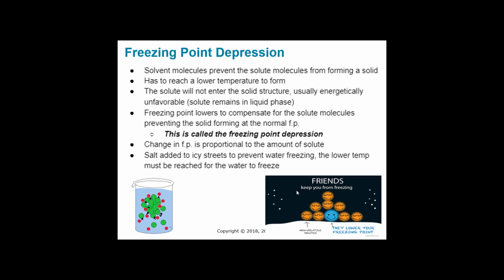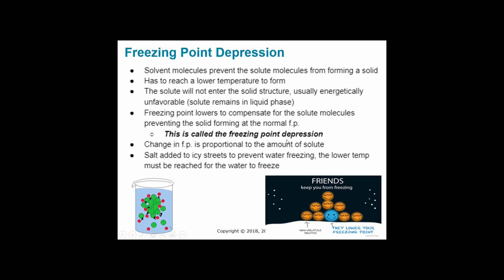And what this will do, or freezing, is that the particles, if you see in this picture, these yellow ones are all the non-volatile solutes, and they completely surround the water molecules, preventing the water molecules from coming together. Now the temperature has to go so much lower, and then once it gets to a certain temperature, the solute molecules are not strong enough to keep the water molecules apart. Then this will come together as a solid, or it will boil. So it will block the way of the water molecules for as long as it can. That's what this is doing.